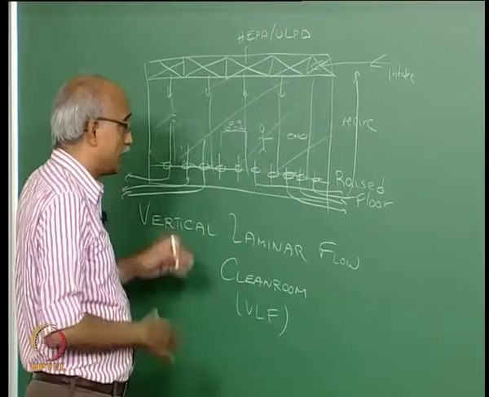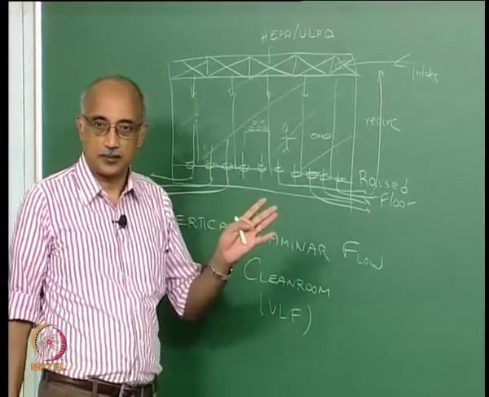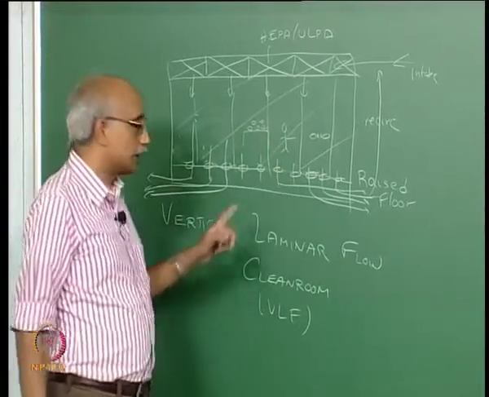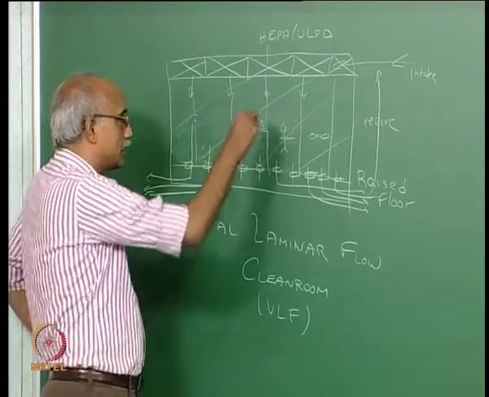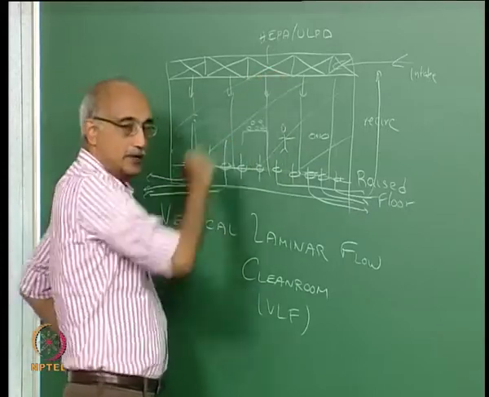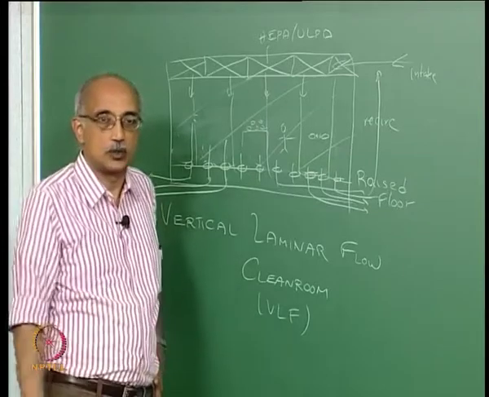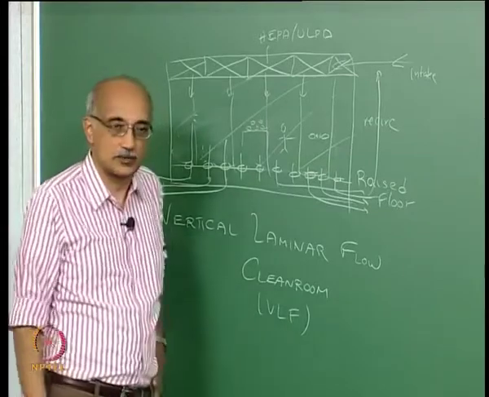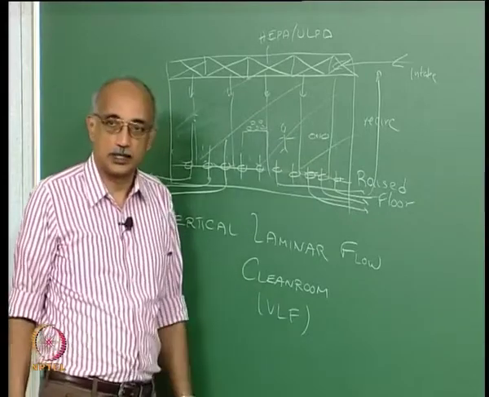Now, that might actually appear to be in conflict with the vertical laminar flow type of model, because by definition this says that the particle levels are going to be lowest near the filters, and they are going to keep increasing as the air flows down towards the floor. So, it's a questionable assumption, but it will make the model easier to deal with.